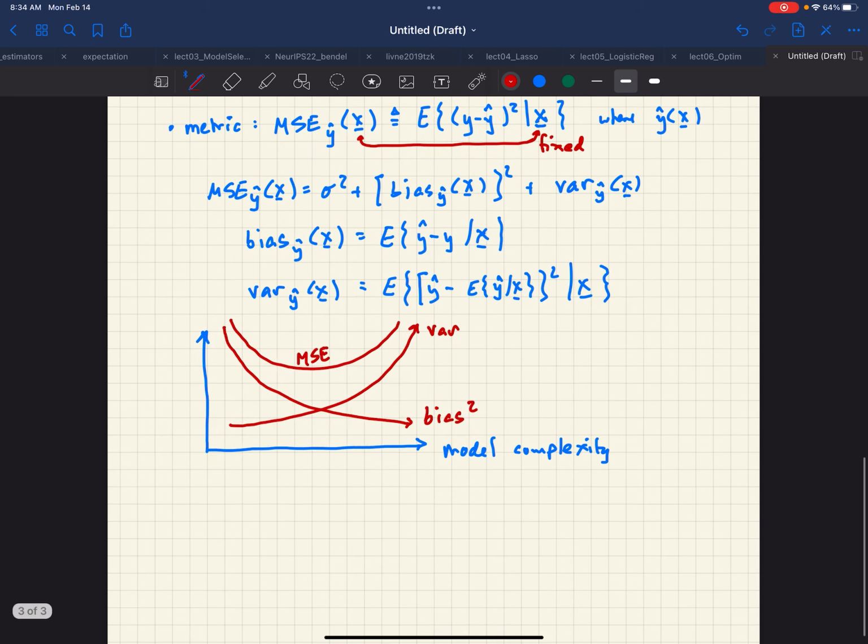Okay, and then the last thing we talked about was the special case of least squares linear regression. And we saw that when D, the assumed model order, is less than the true model order, the bias is not equal to 0.